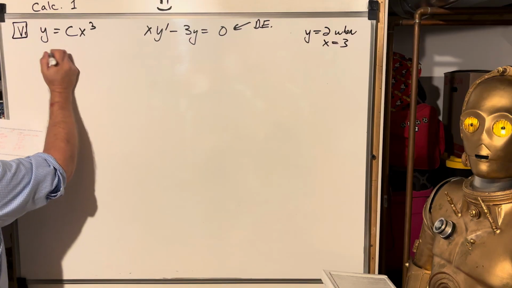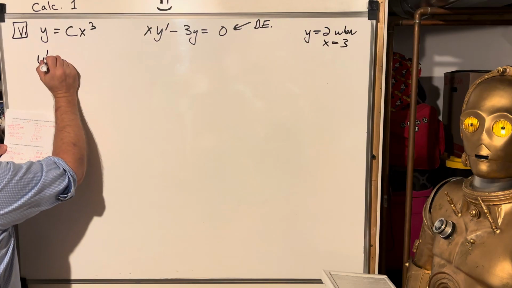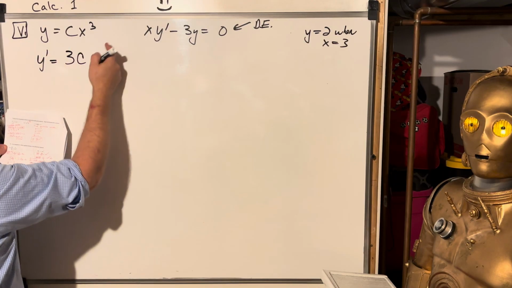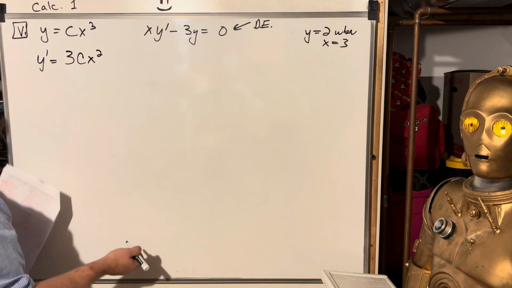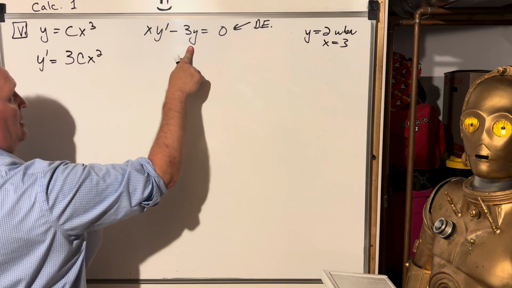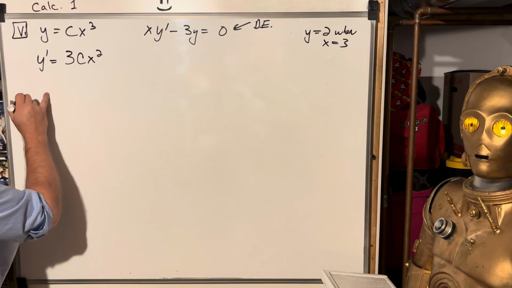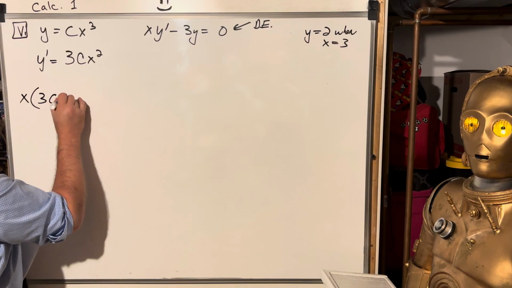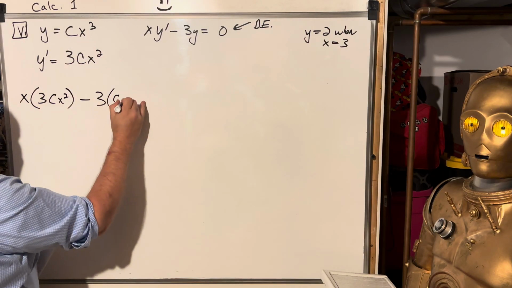So for number 5, we need y prime. Y prime is equal to 3, c is a constant, so let's just say c, x squared. And now we're just going to take that and put it in there. We're going to leave x alone and then confirm that that's 0. So we have x times this, 3cx squared, minus 3 times this, cx cubed.